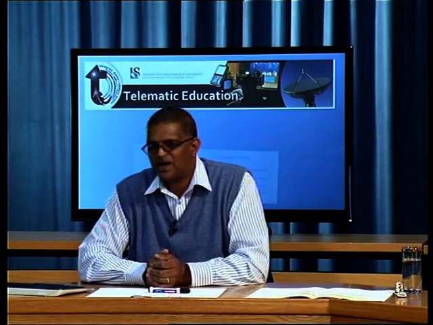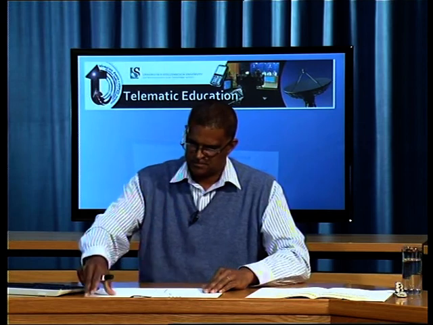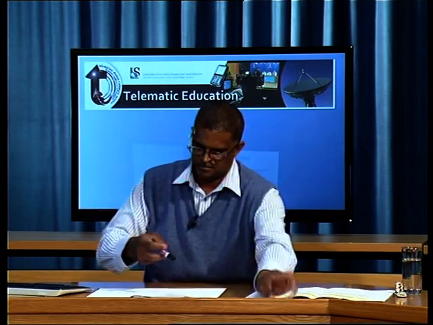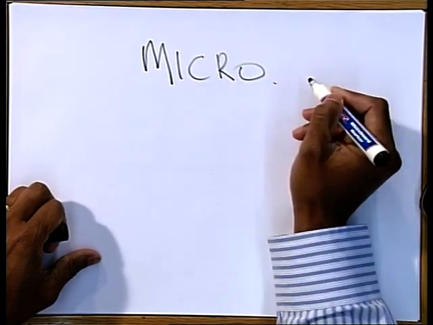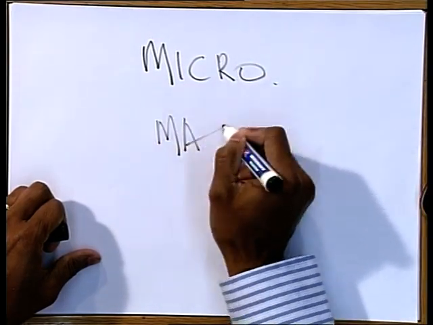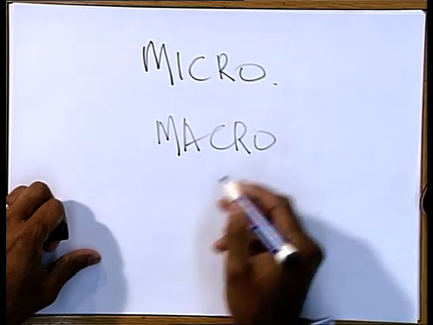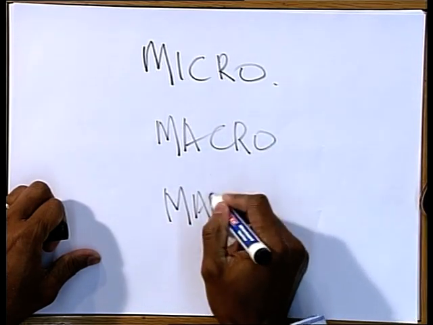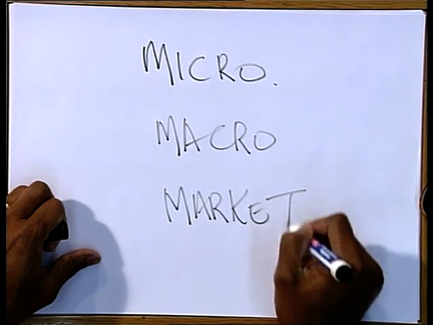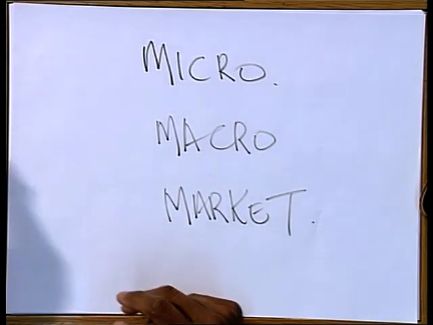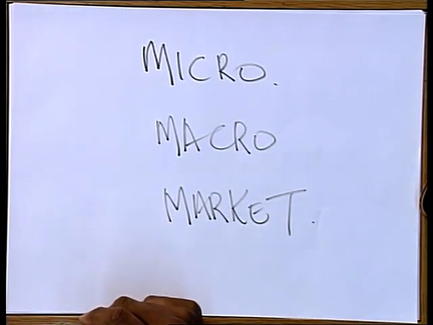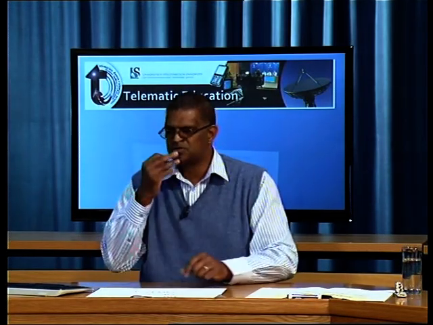The micro environment, the macro, and also the market. So as a grade 12 student, they can ask you to develop a SWOT analysis for any one of these environments. We are interested in the market environment, so that's the one that we are going to look at today.